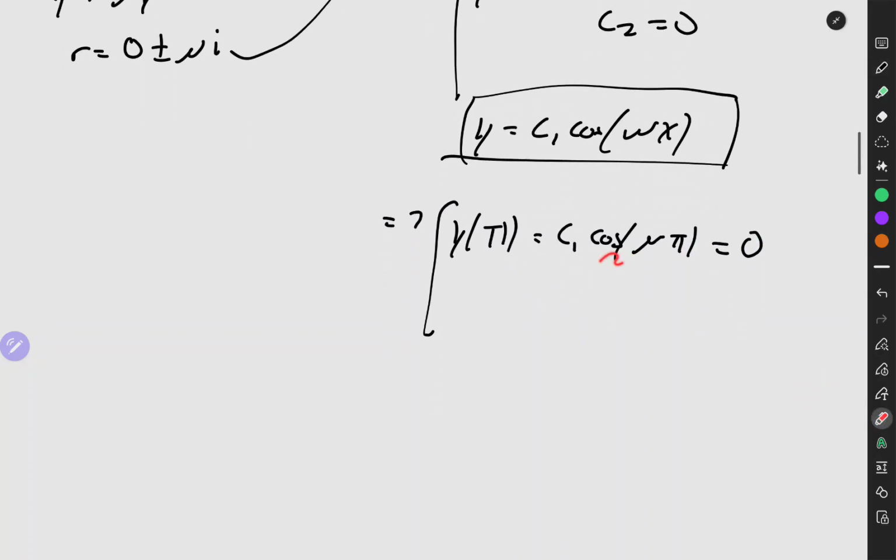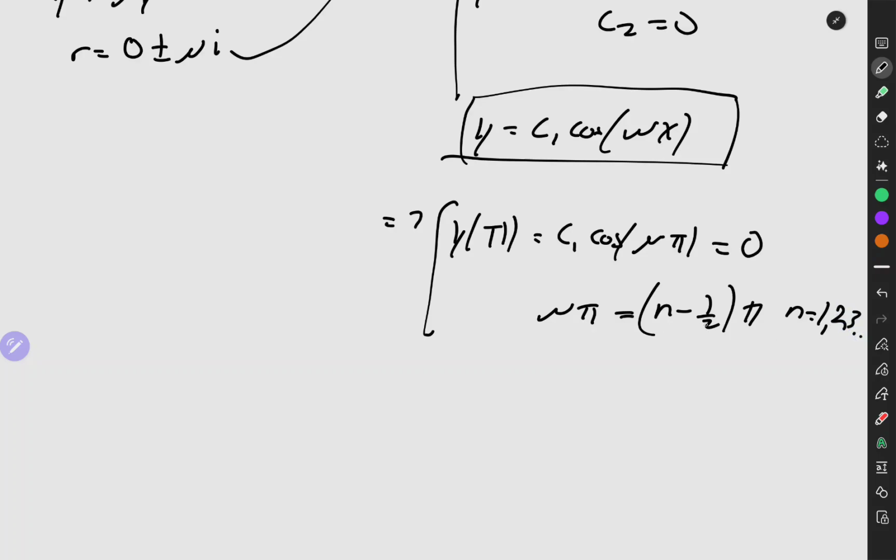So now we just have to figure out what value of mu pi would make that 0. And we've done this before in the overview, actually, where this would have to be... well, no, we just did it in the last video, right? This is the same thing. It has to be any n minus 1/2 pi, right? Because cosine... For n equals 1, 2, 3, right?